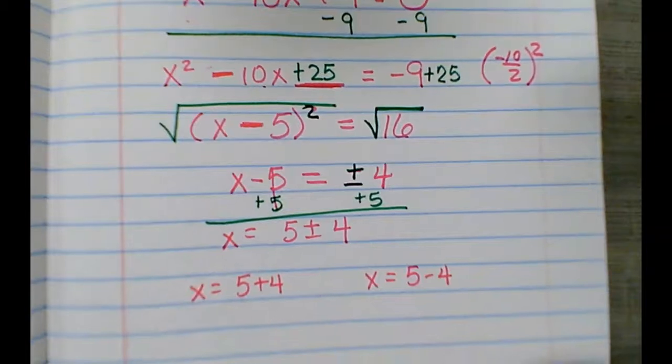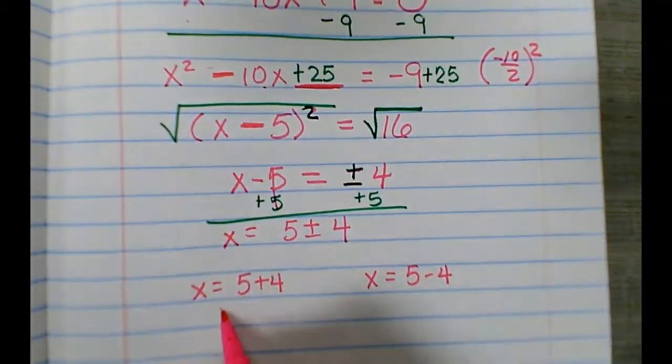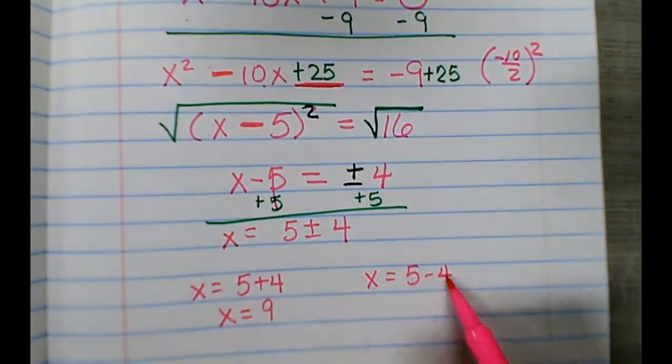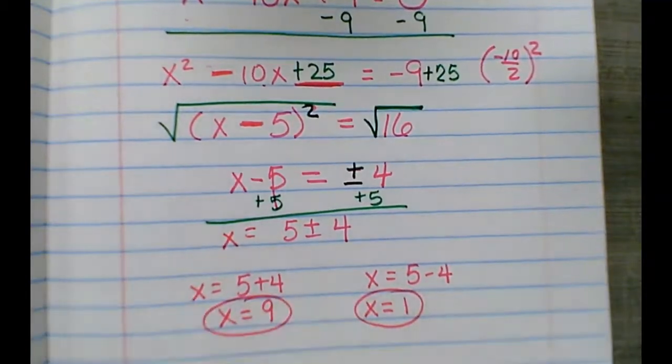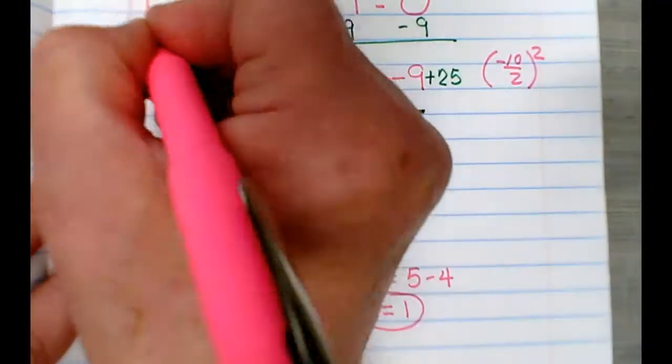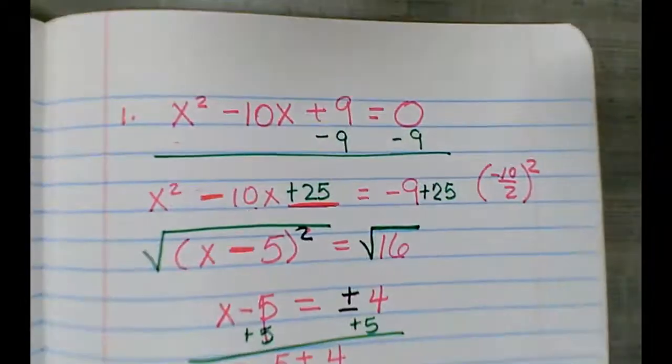That's what the plus and minus means. 5 plus 4, 5 minus 4. And you get your two answers. And that would be example number 1.